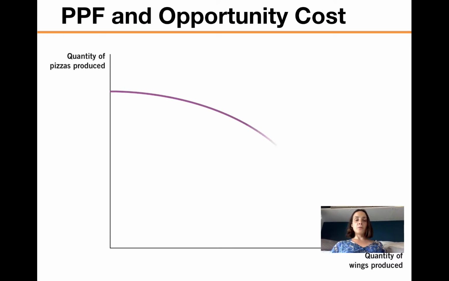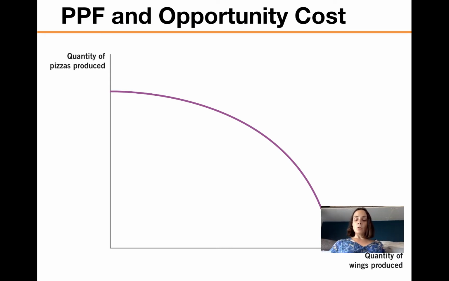Okay? If we have a given amount of resources, a given amount of technology, and we are at full employment, the maximum amount of pizza and wings that we can produce is being represented by the production possibility frontier, or the production possibility curve.